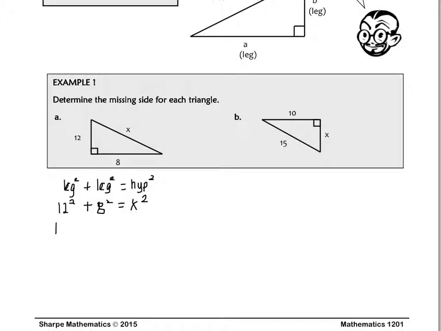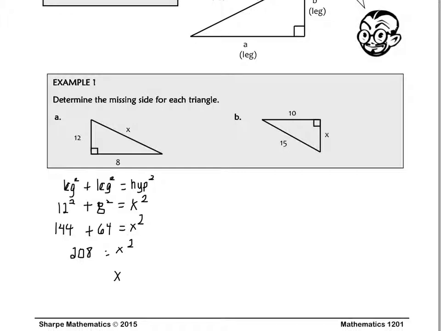And 12 squared is 144, and 8 squared is 64. So then if you add those two up, you get 208 equals x squared.